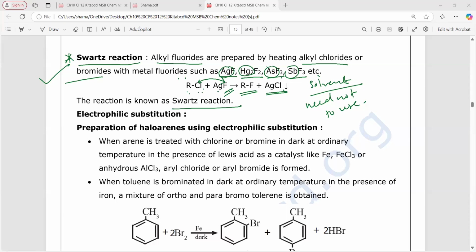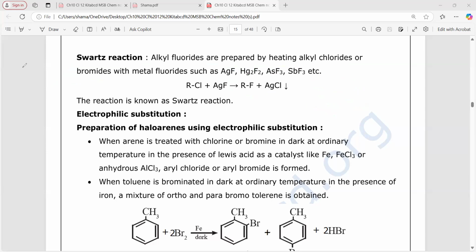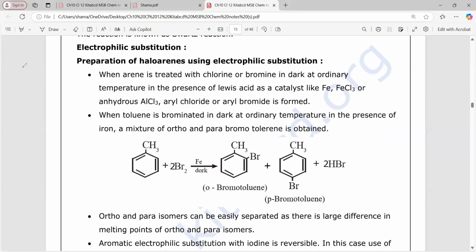Done, ma'am. Now, the next thing we are going to see is electrophilic substitution. So you have to know what an electrophile is. Earlier, I explained to you about the nucleophile in a demo class, when I explained SN1 and SN2. So nucleophile and electrophile are completely opposite species.